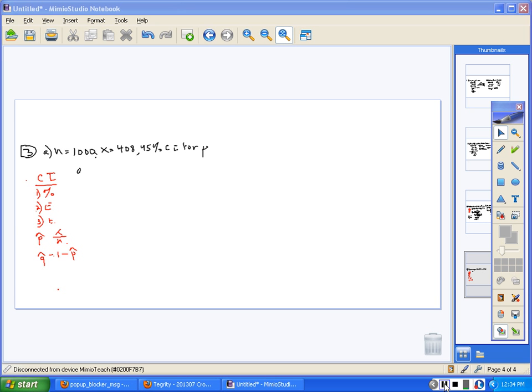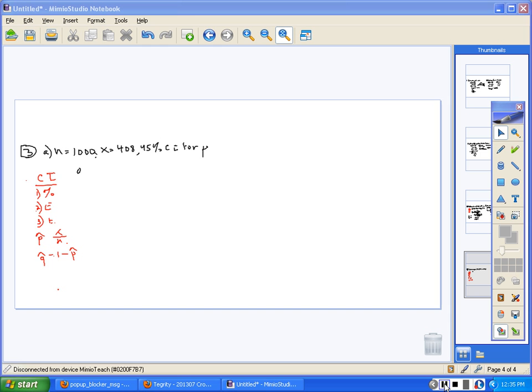P hat is equal to x over n, which is 408 over 1,000, which is 0.408. And then q hat is equal to 1 minus 0.408, which is 0.592.